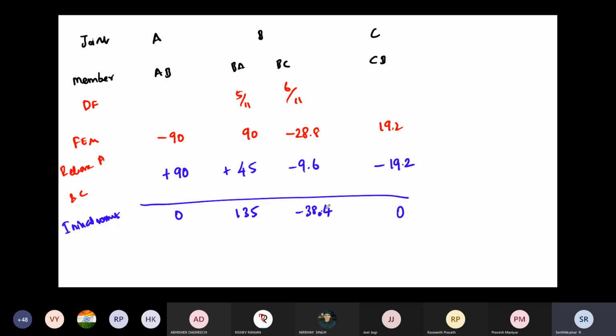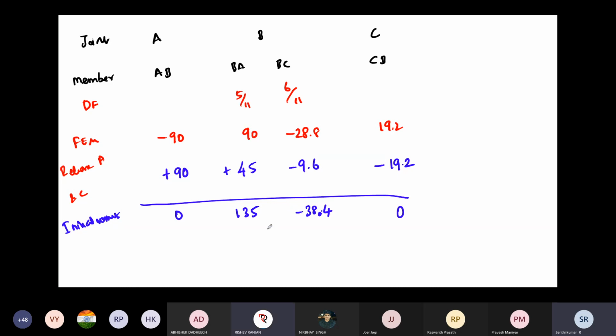Summation of moment at any joint will be equal to 0, right? That is your equilibrium equation. We have done this in the slope deflection method, right? Summation of moment at any joint will be equal to 0. Now at joint B, I am adding these two.